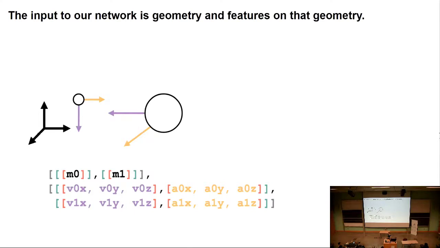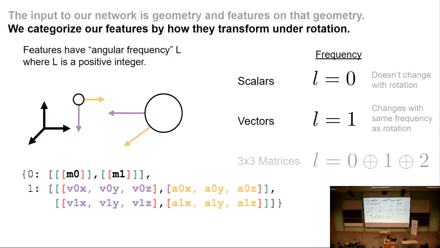All right, so what about inputs and outputs? The input to our network is geometry and features that live on that geometry. So again, using our toy example with masses and velocities and accelerations, this is some of our data, but we have another layer of organization. We organize our features by how they transform under rotation.